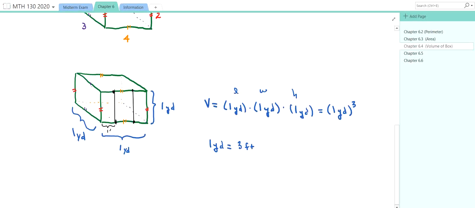So I broke this up into columns that are 1 foot wide. So this is 1 foot. This is 1 foot. This is 1 foot. Well, I could do the same thing in this direction with the height. I could break the 1 yard height up into 3 segments, each of which are a foot.